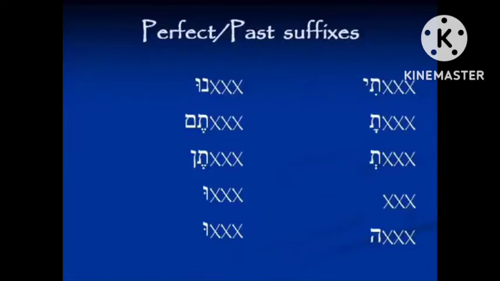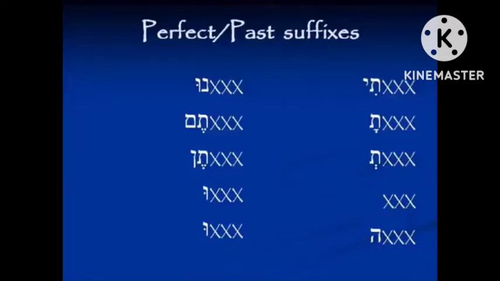Now, in Hebrew, the past perfect tense is indicated by a suffix. So if we start over in the right-hand column, we have the conjugations for the 10 people. So for I did something, those verbs, regardless of the binyan, will always end in this suffix tav yud, t.